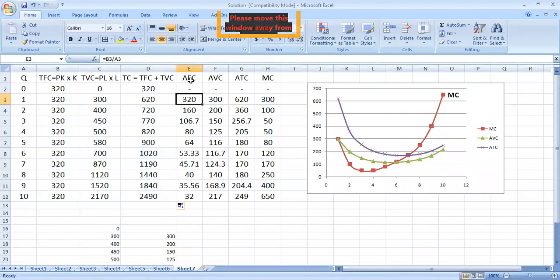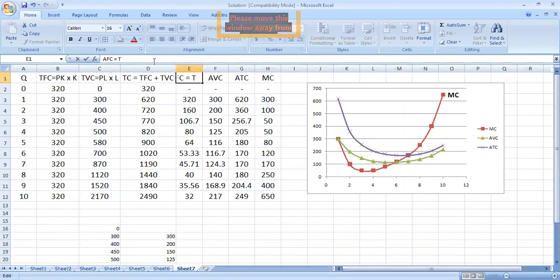There are three members that belong to the average term, and there is one member from cost curves that belongs to the marginal term, right? So total fixed cost, total variable cost, and total cost are the three members that belong to the total term. Average fixed cost, average variable cost, and average total cost are the three members that belong to the average family. And then marginal cost belongs to the term marginal.